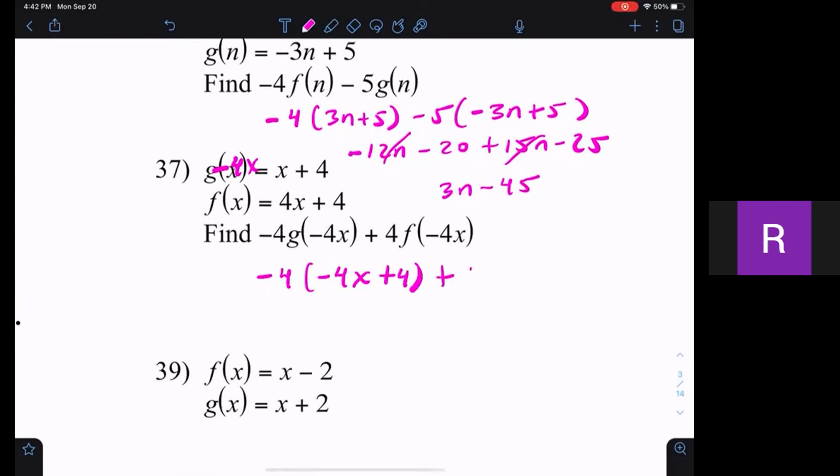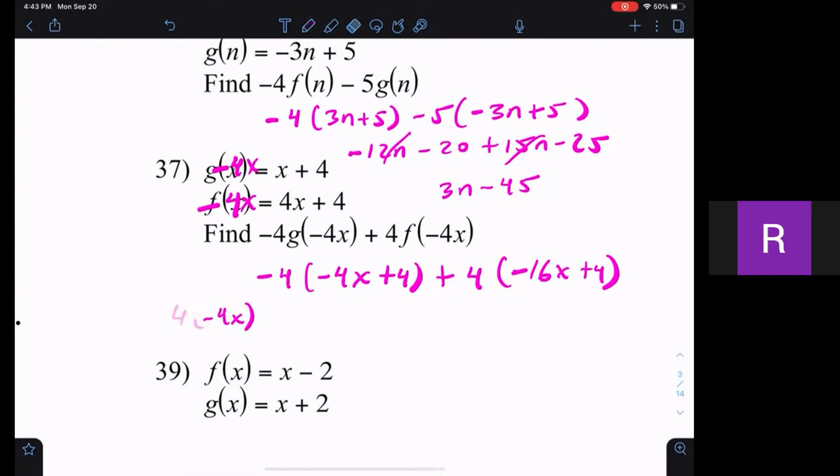Actually, this is not right. And then plus 4 times f of negative 4x, right? You put negative 4x inside that. Okay, 4 times negative 4x, so that's going to be negative 16x, plus 4.